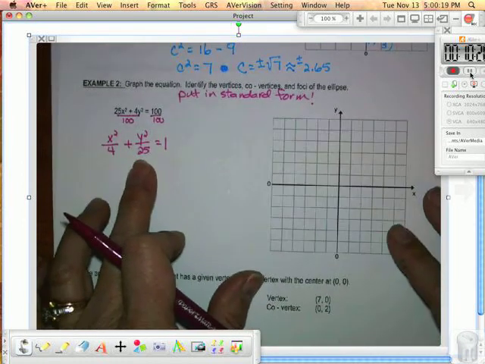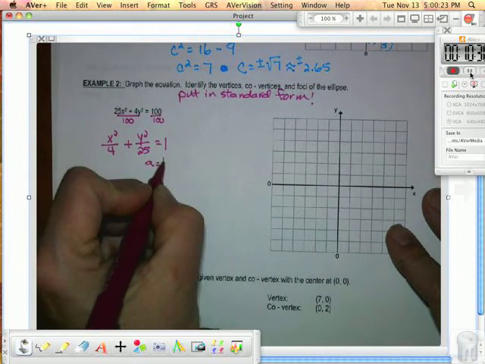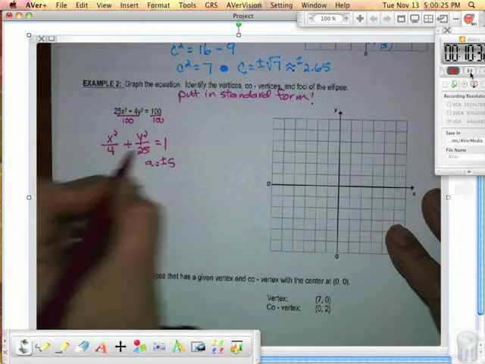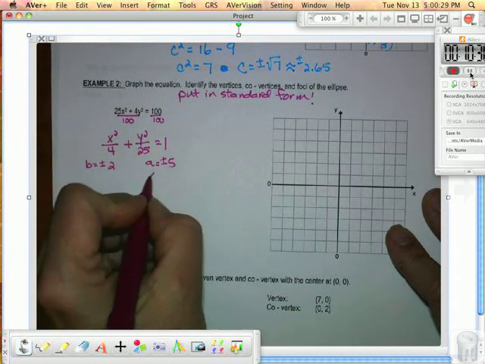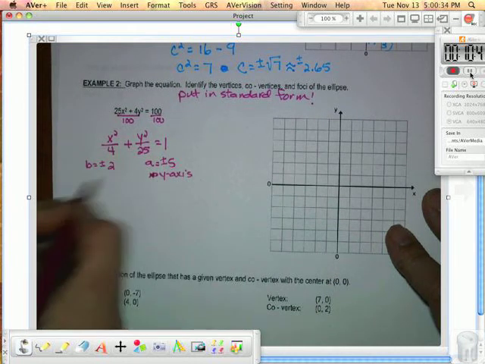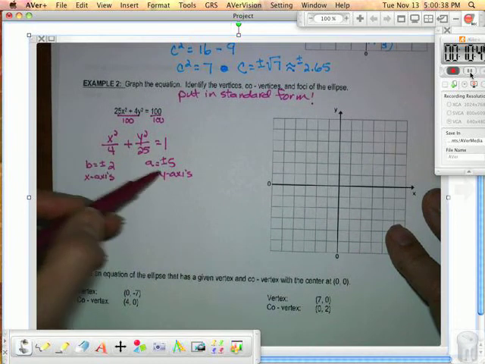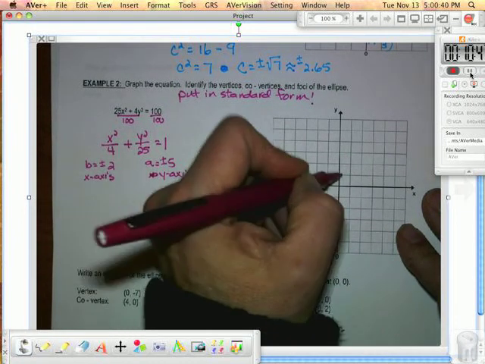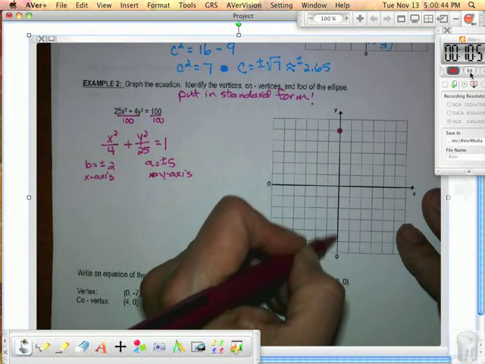Okay, so I'm going to start with that. a is equal to plus or minus 5 if I take the square root of that, and b is equal to plus or minus 2. And this is on the y-axis, and this is on the x-axis, because it's underneath the y. Okay, so I'm going to go ahead and graph that. 1, 2, 3, 4, 5.